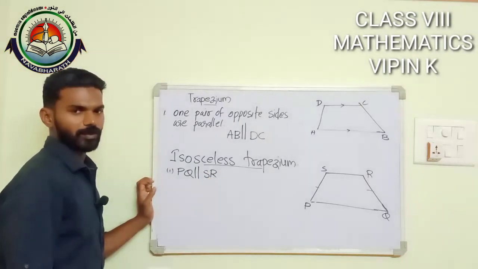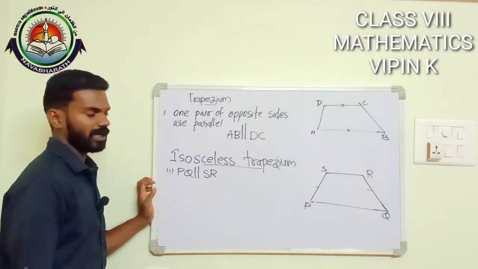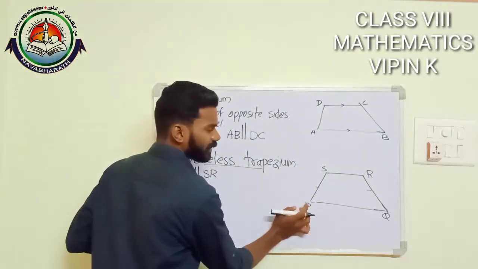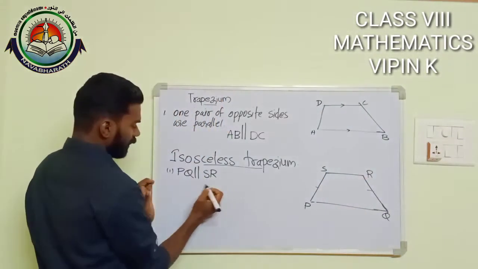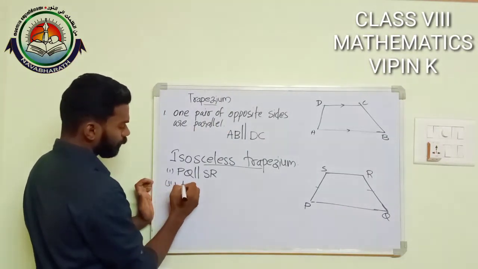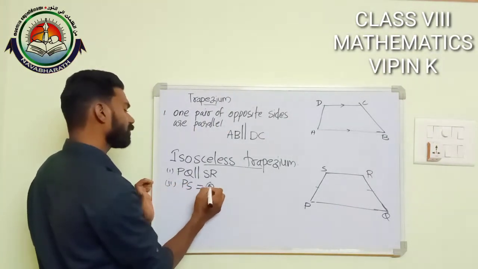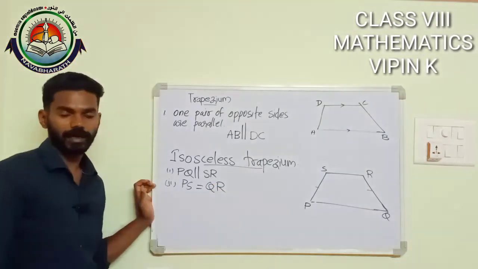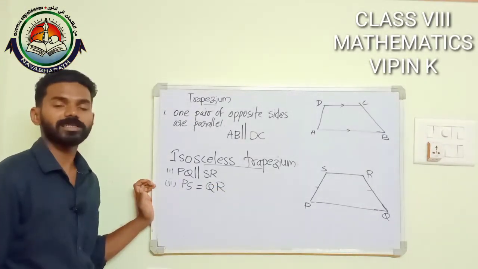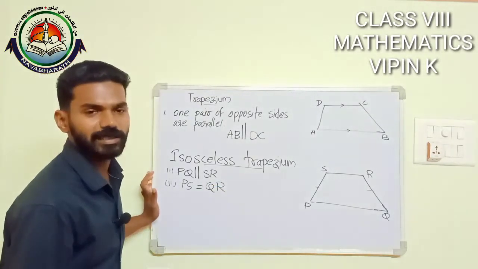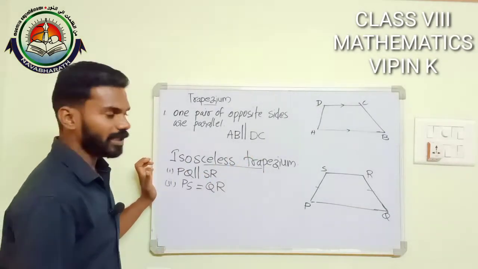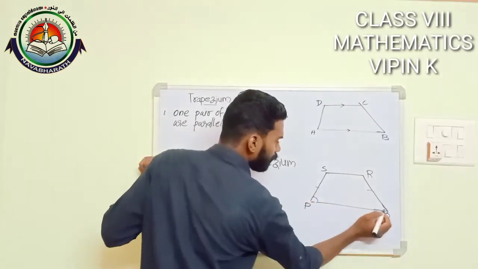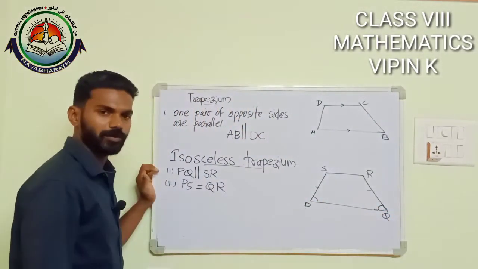Now there is one additional property, and it is about the non-parallel sides. Which are the non-parallel sides? PS and QR. They are equal. PS equals QR. Clear? And there are two more specialities for an isosceles trapezium. Can you see these two angles, angle P and angle Q?